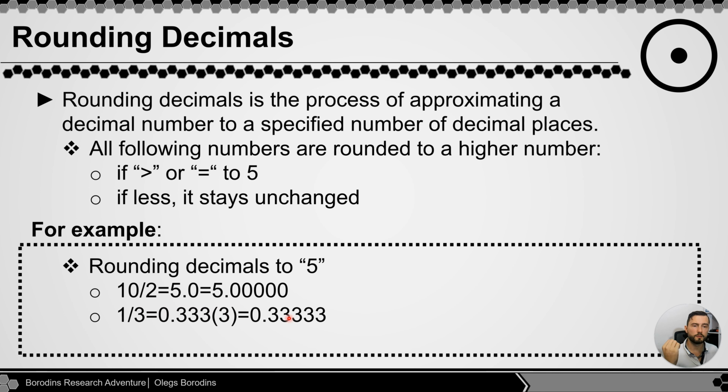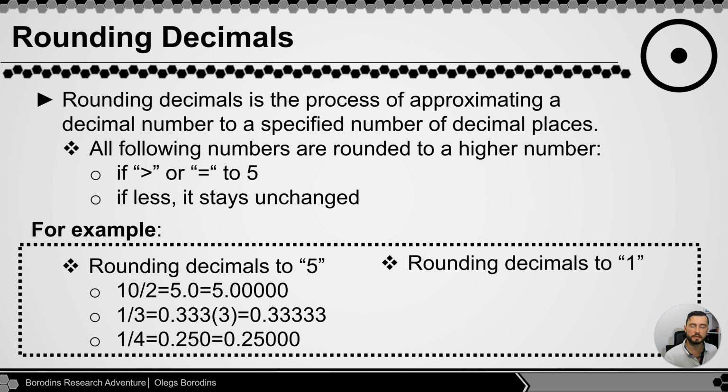So it's 0.33333, and again the 6th decimal over here will be 3, and 3 is less than 5, and therefore the 3 on the 5th is unchanged. Similar to the 3rd example. But the story changes when we need to round to the 1st decimal. With the 1st example, it's unchanged, 5.0 stays 0 because it's the 1st decimal, and the 2nd decimal is 0.